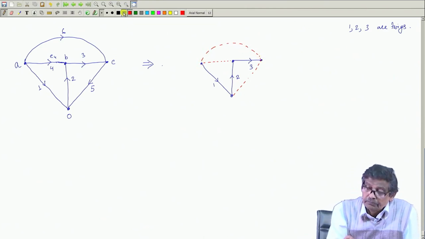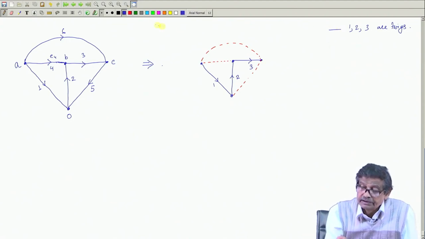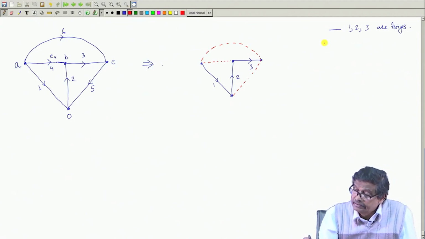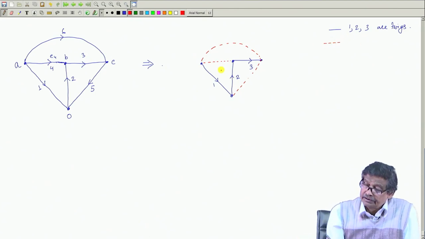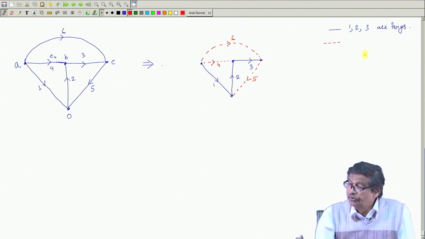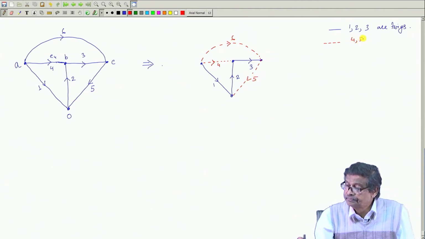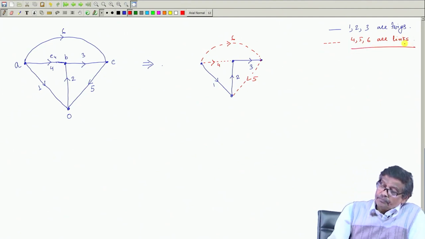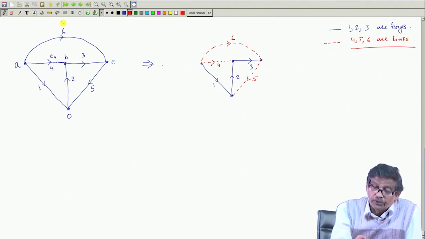This blue line is the twigs and the dotted lines are element 4 with this arrow, this 6 and this 5. So, 4, 5, 6 are links that we already know. Now, these are the nodes.